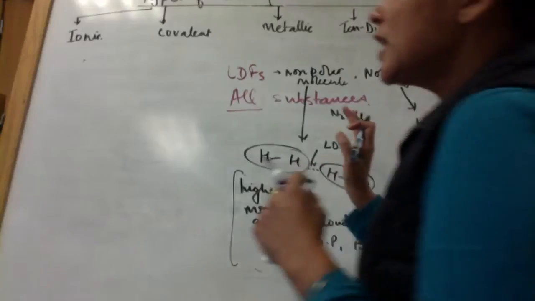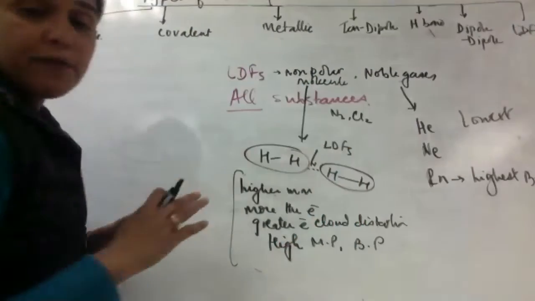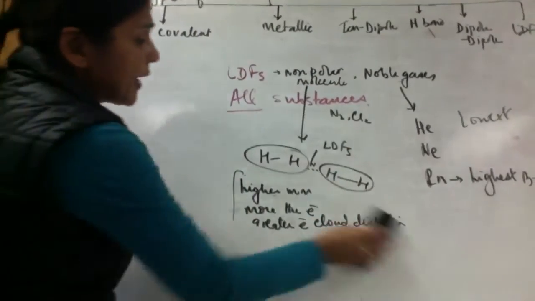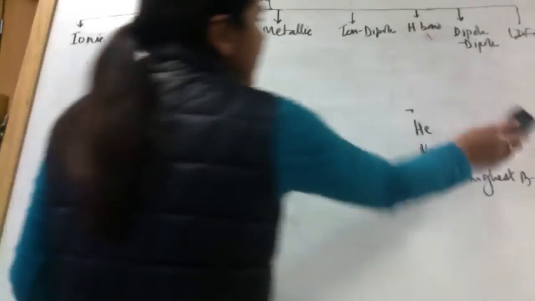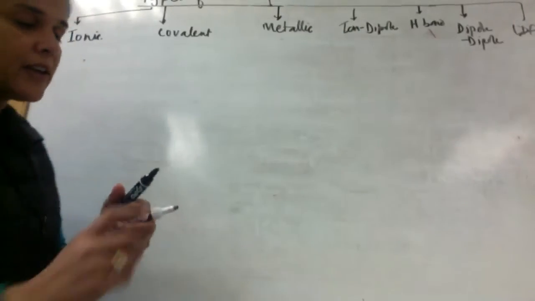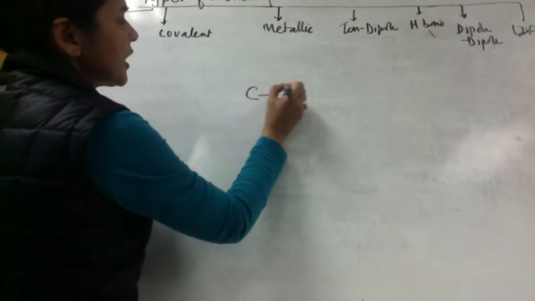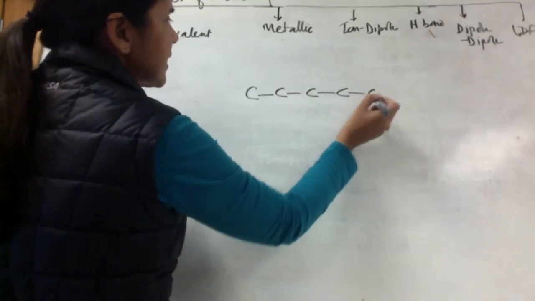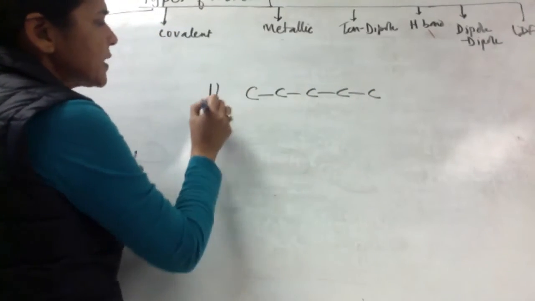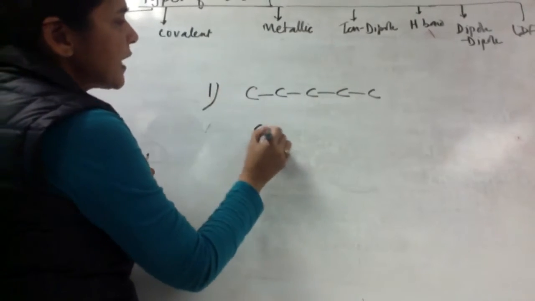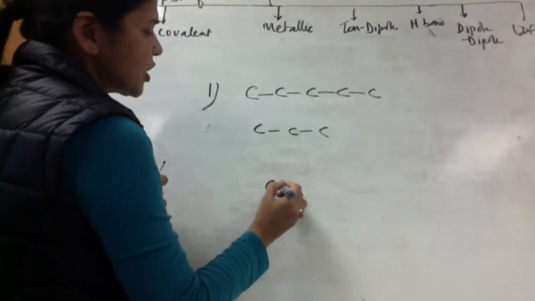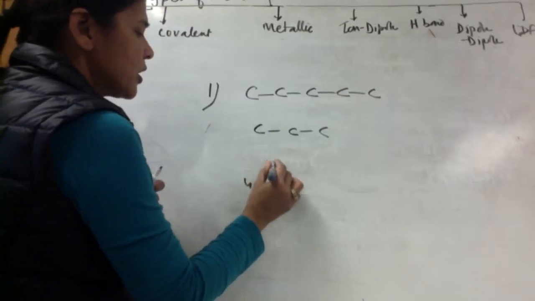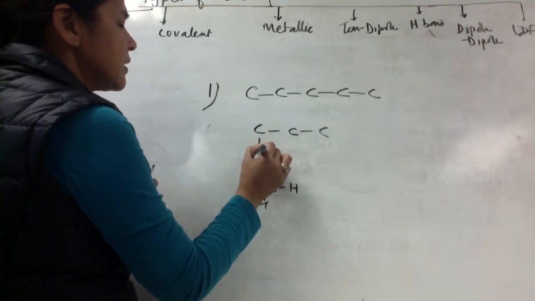LDFs generally are only significant when these are the only forces that exist, but LDFs also become significant when you have a long carbon chain, like C, C, C, C. So I'm going to give you two different scenarios here. In the first scenario, we have different size carbon chains, CH4, right?